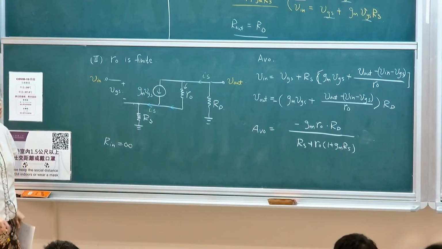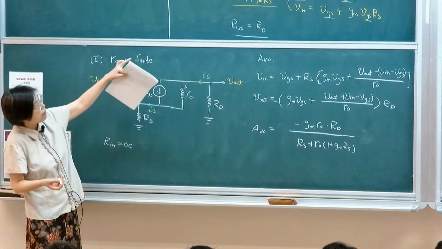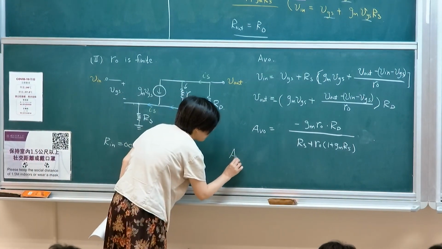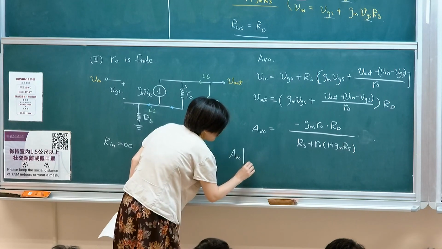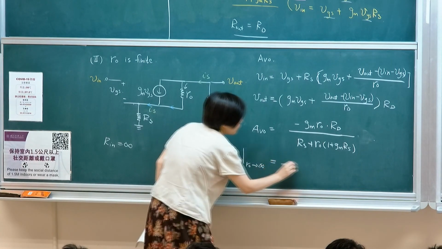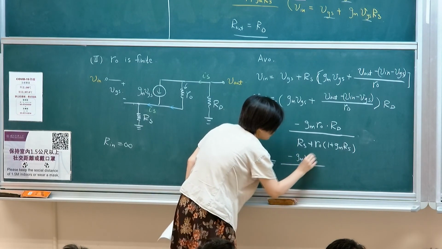So to look at whether it coincides when you assume RO is infinite. Based on this equation, if my RO approaches infinite, this would then be GM RO RD.